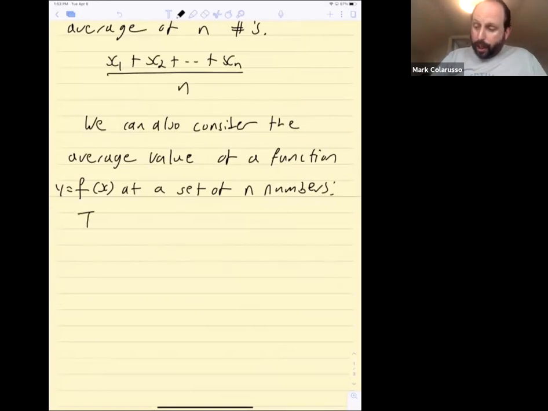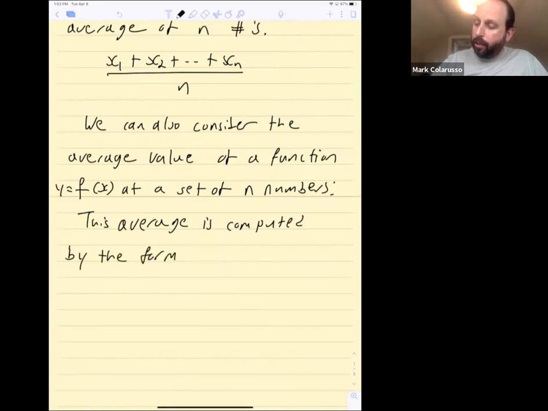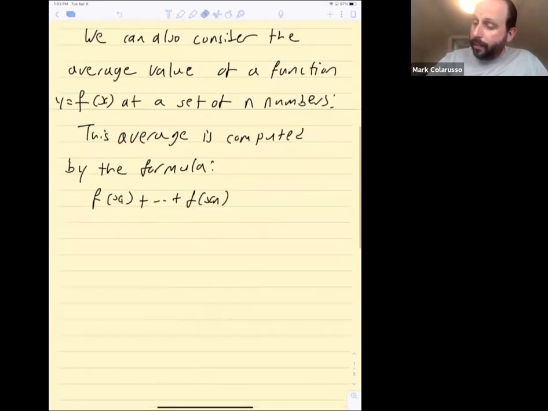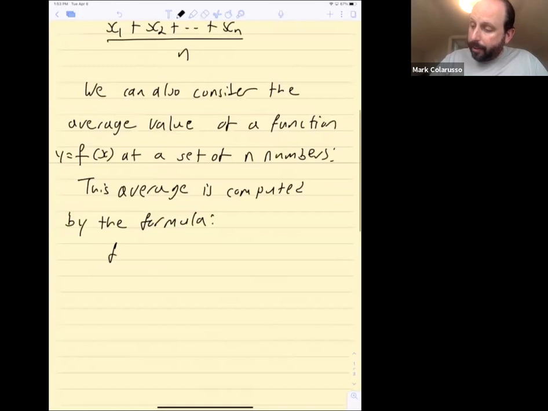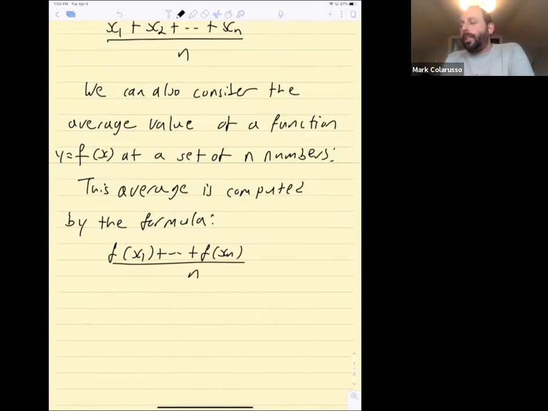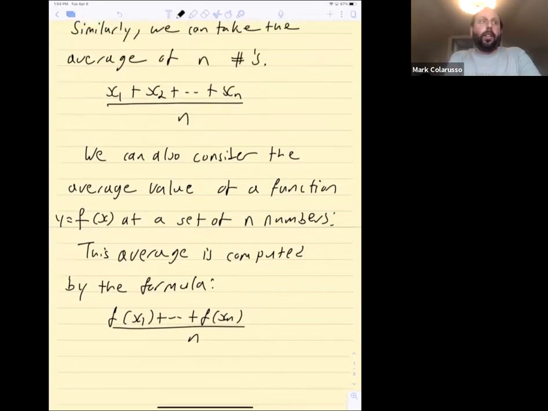This average is very similar to the one above and is computed by the formula f(x1) plus up to f(xn), divided by n.